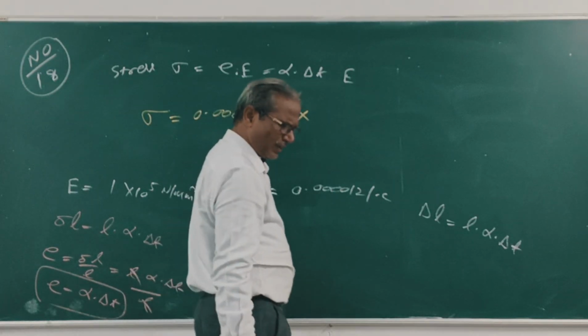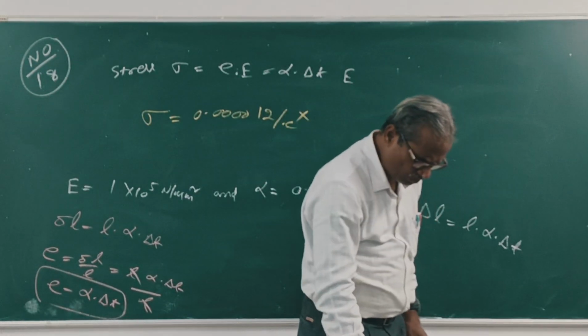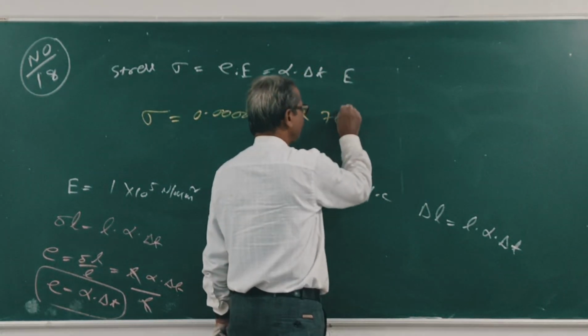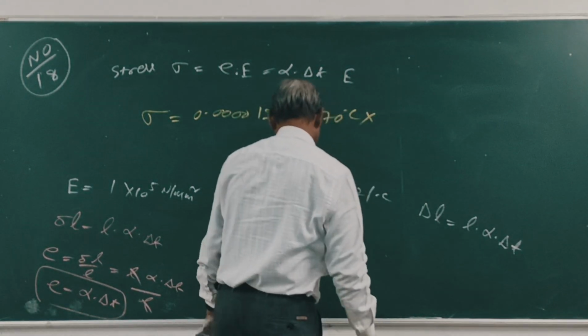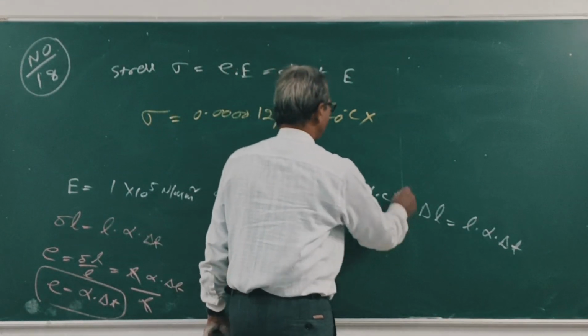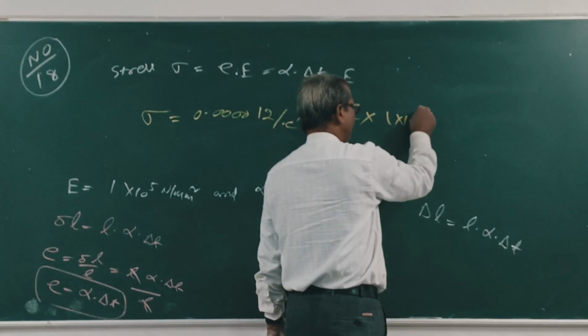What is delta T? Delta T is equal to 70 centigrade. E, what is it equal to? This is E, 1 into 10 to 5.